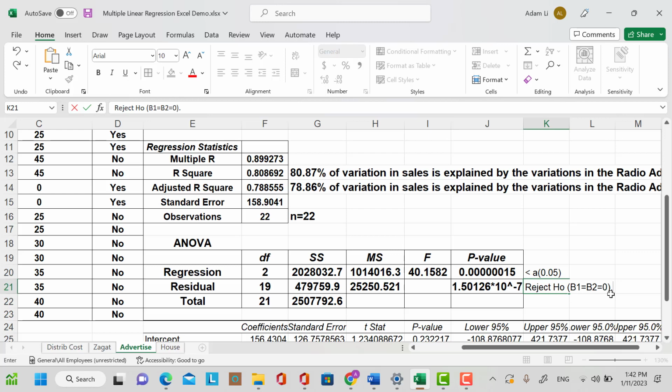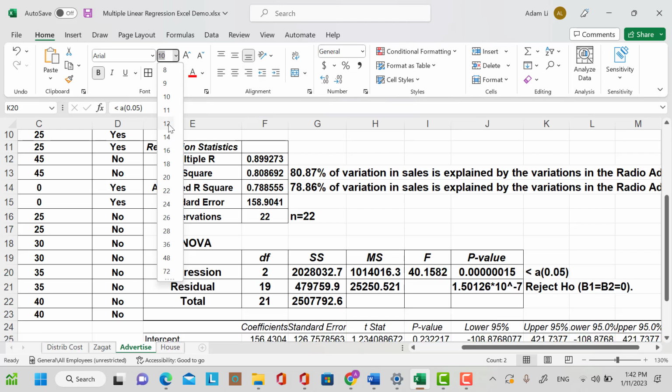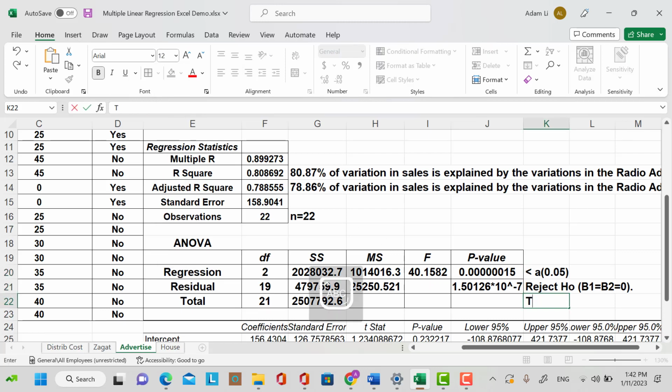Since we reject that, that means at least one of the betas is not 0, meaning that there's a linear relationship between the sales and those two independent variables, with 95% confidence.